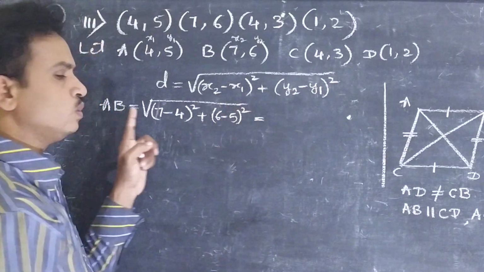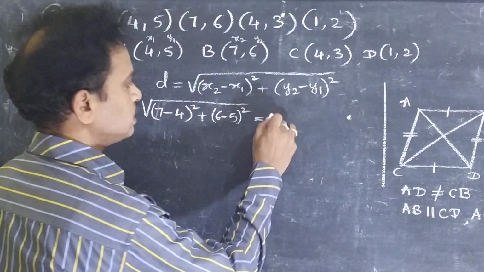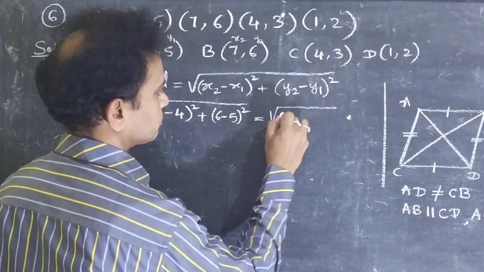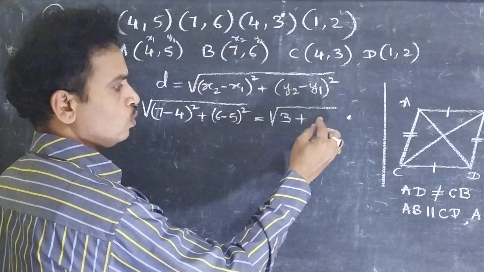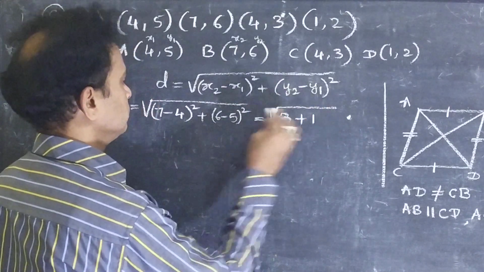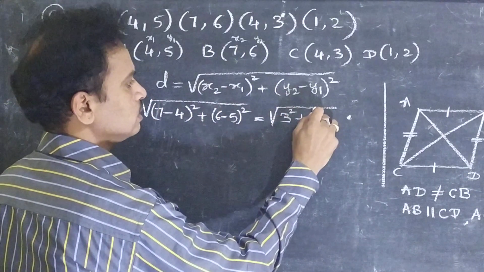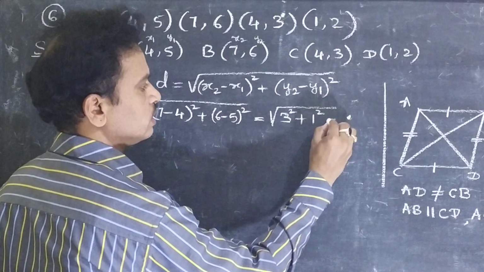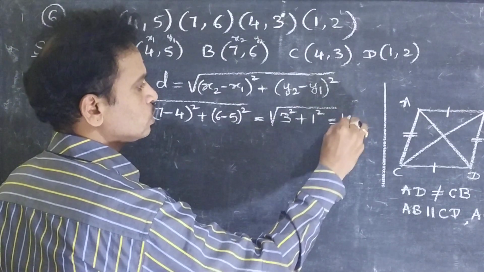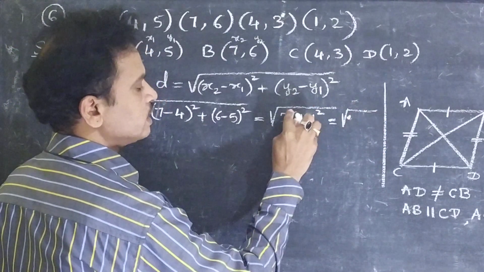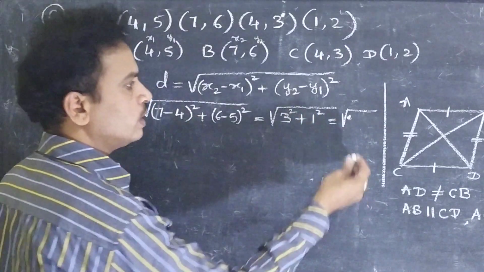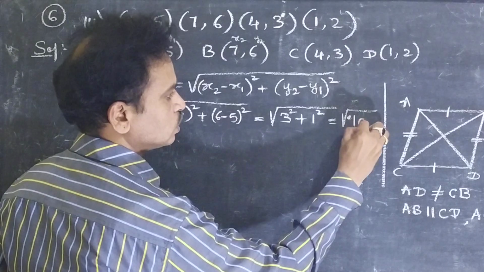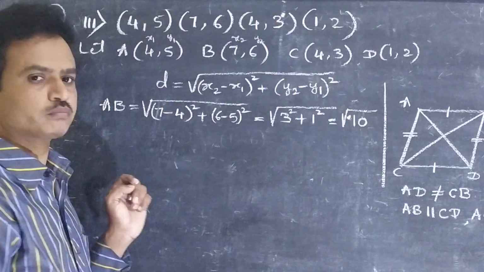Then 7 minus 4 is 3, plus 6 minus 5 is 1. Here 3 square, then 1 square. Then this is equal to square root of 3 square is 9, 1 square is 1, 9 plus 1, 10. Square root of 10.